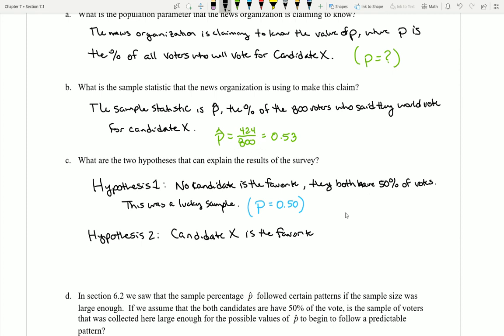So I'll just say this candidate is the favorite and will win a majority of the votes. So notice in this case, I'm stating that the value of P is still kind of unknown, but at least that it's bigger than 50%. So this is kind of the general idea.